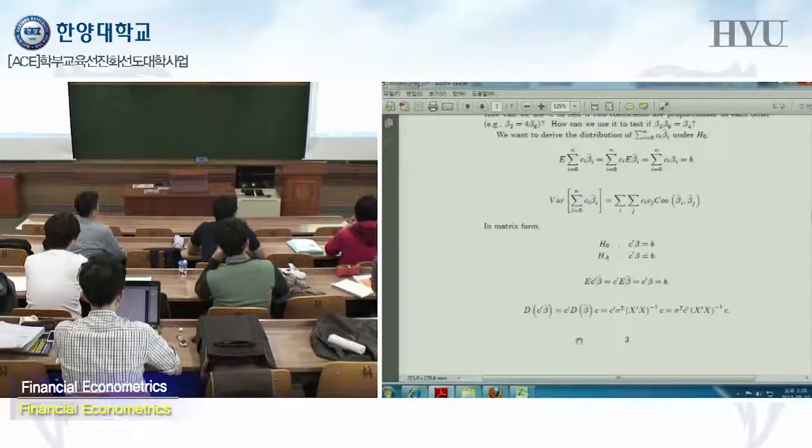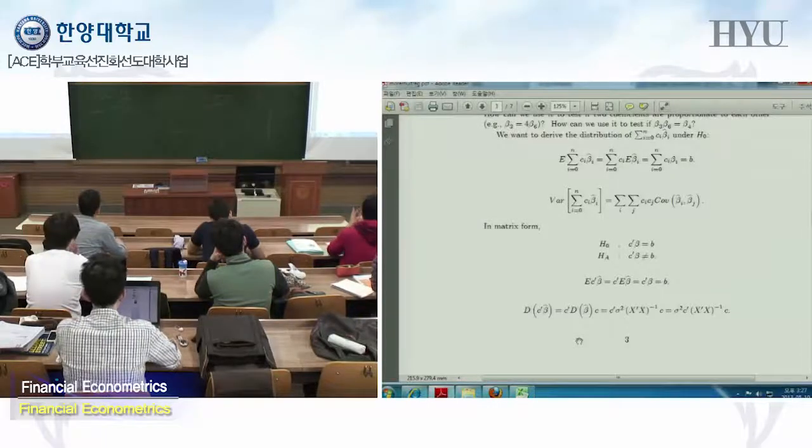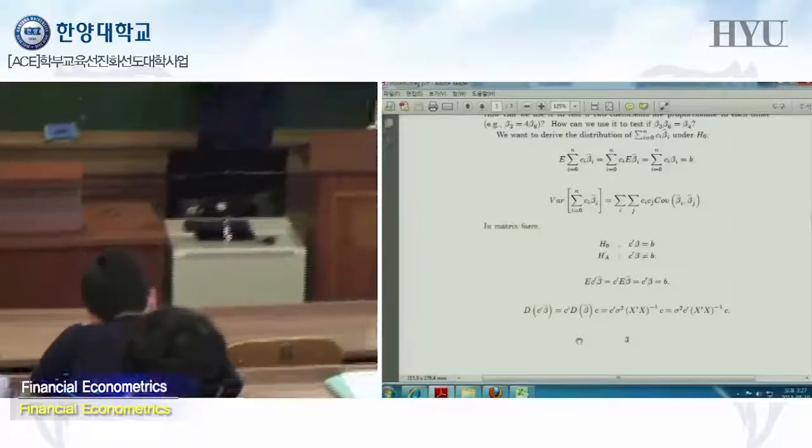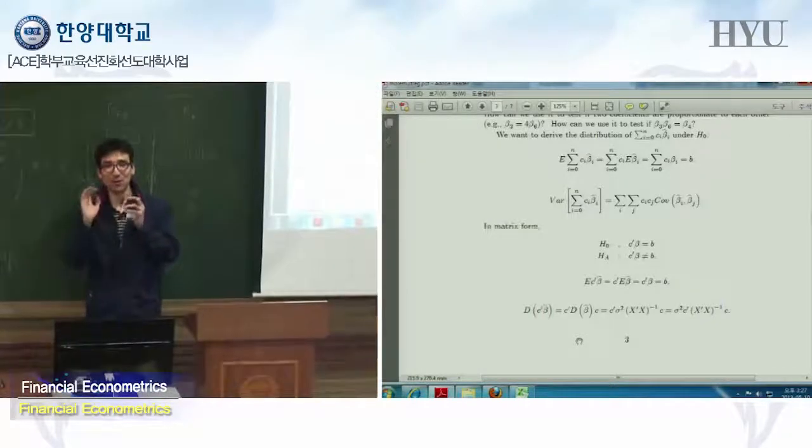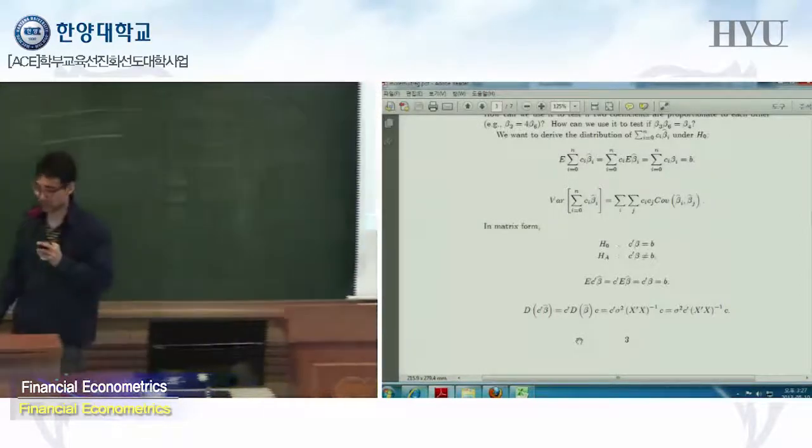So basically it is sigma square C prime X prime X inverse C. This is not related to the hypothesis, but this one is related to the null hypothesis. So we use both the mean and covariance matrix under the null hypothesis.